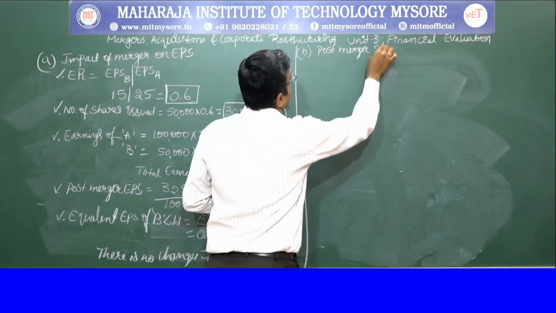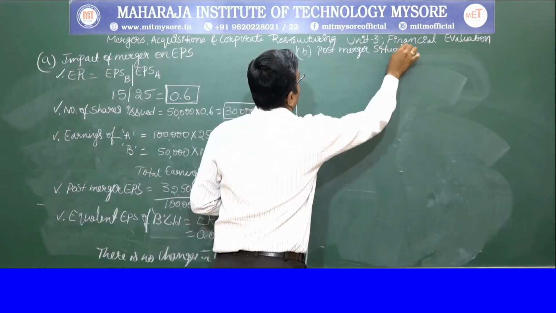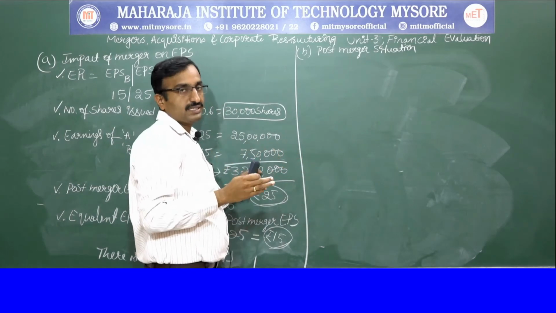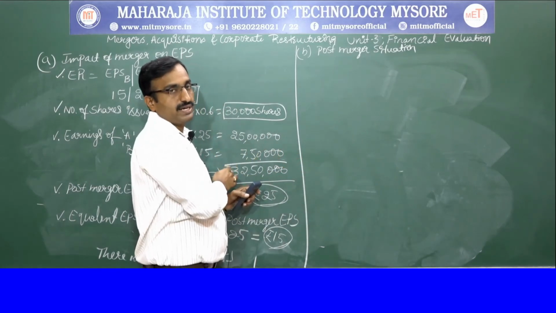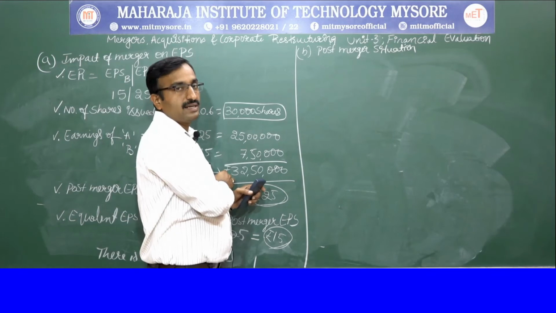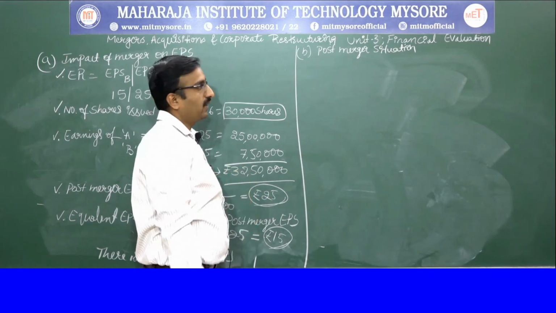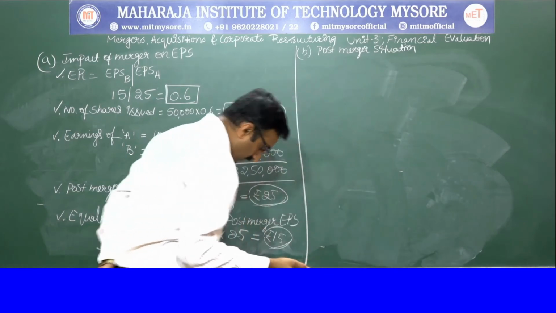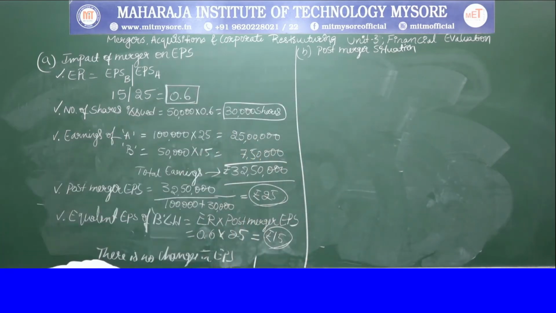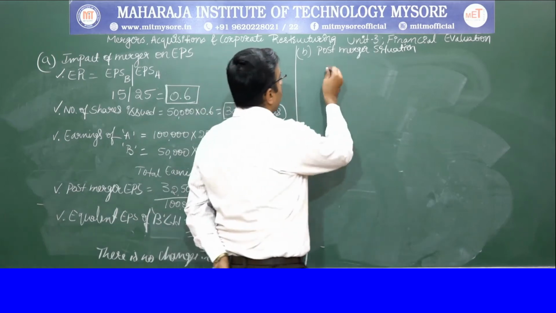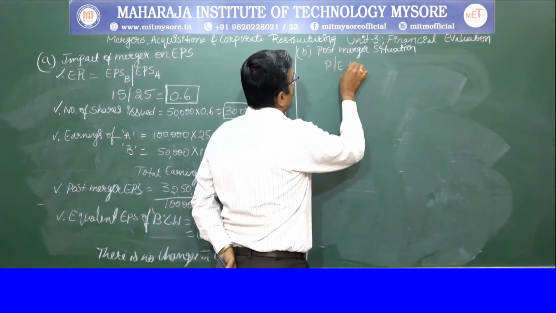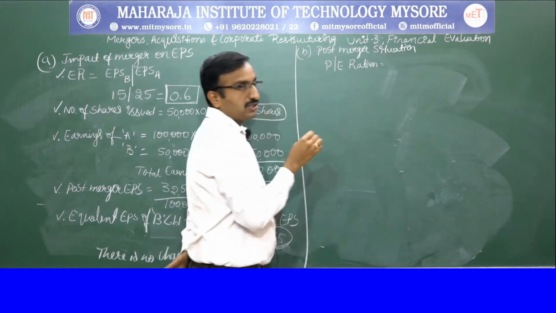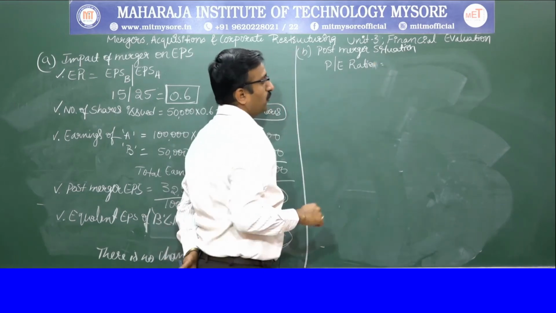Already we know the total earnings, EPS, and number of shares, as we calculated in the first question. Only the P/E ratio is pending. We have to find out the P/E ratio in the post-merger situation.